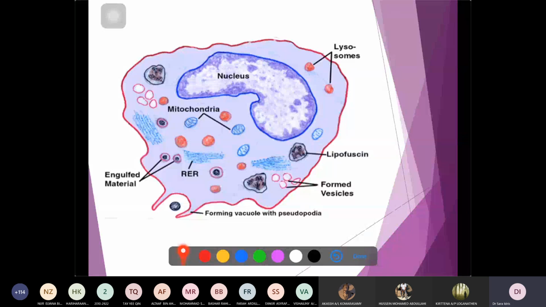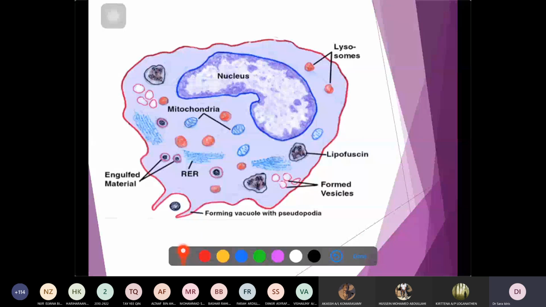The cytoplasm will form pseudopodia, your fake feet, where it will engulf the materials. When the materials are engulfed inside the cytoplasm, your Golgi complex, your RER, whatever is important for protein synthesis, will release enzymes so that you can eat up the engulfed foreign body.